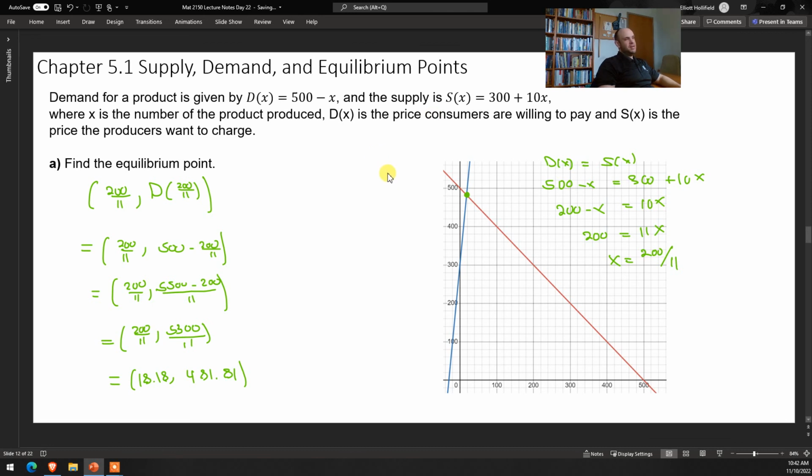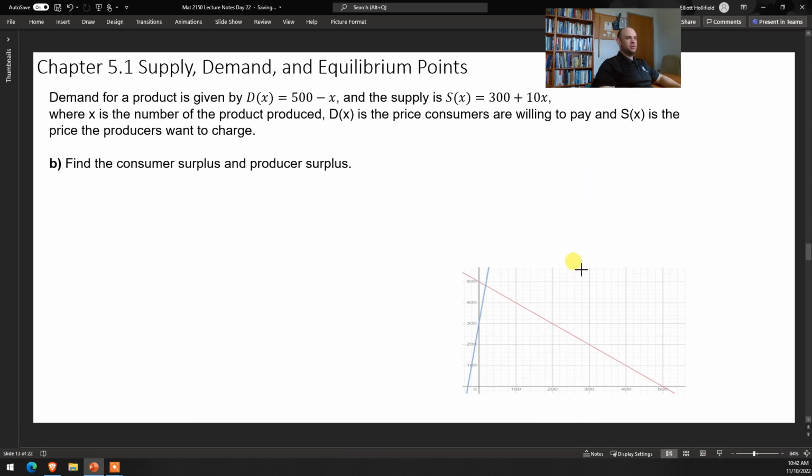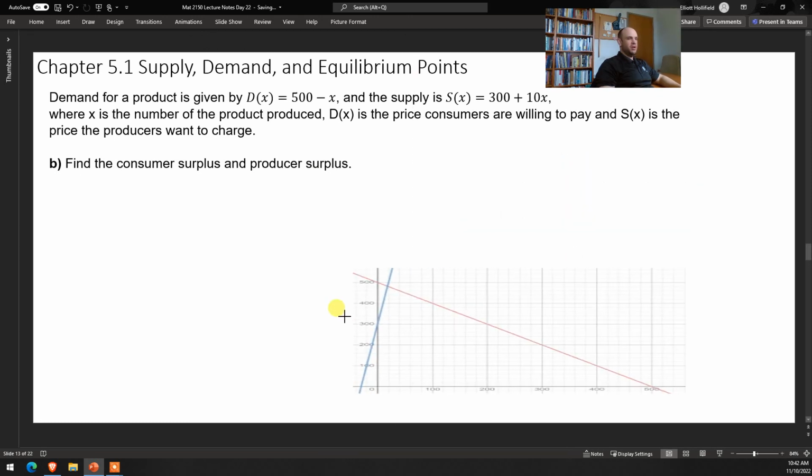Now let's find our consumer and producer surplus. Let's see if we can stretch out this picture here. Let's make it a little shorter and a little wider.